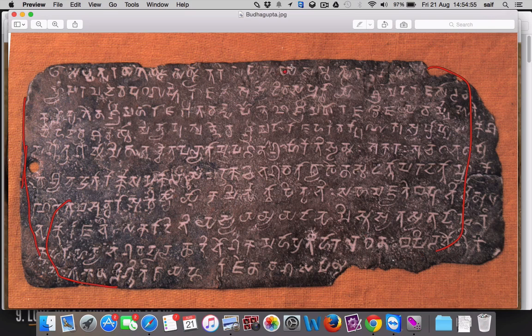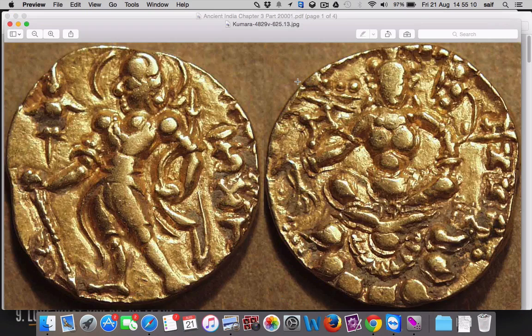In the last video we saw how coins show the language they spoke or wrote, and the religion they followed, which goddess they followed, what structures there were, how they used to trade.